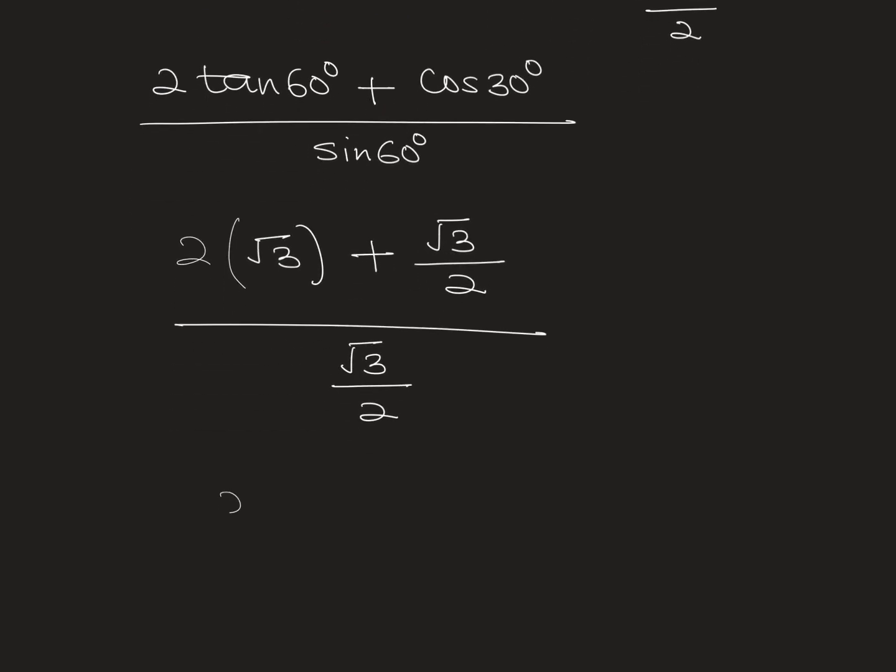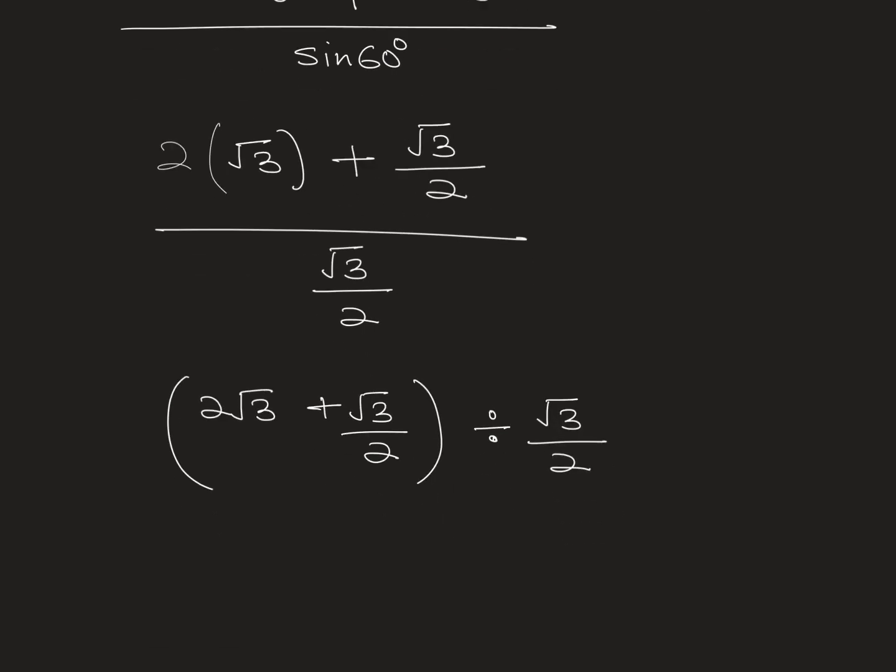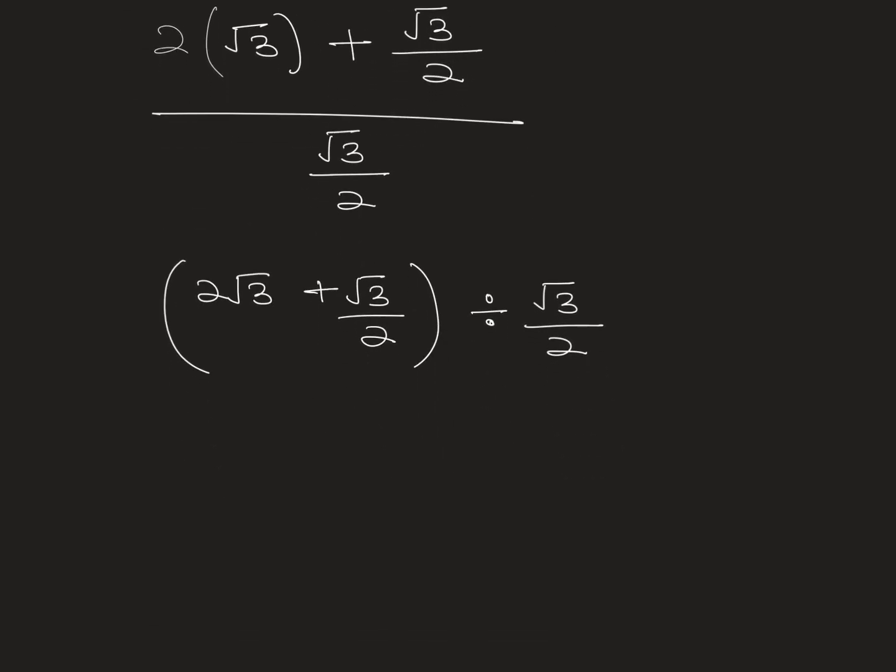So we have 2 root 3 plus root 3 divided by 2. For the long division sign, we can replace it with the short division sign. So that will be divided by root 3 divided by 2. Now, for this expression here, I can say over 1 so that it can help me to find the LCM.